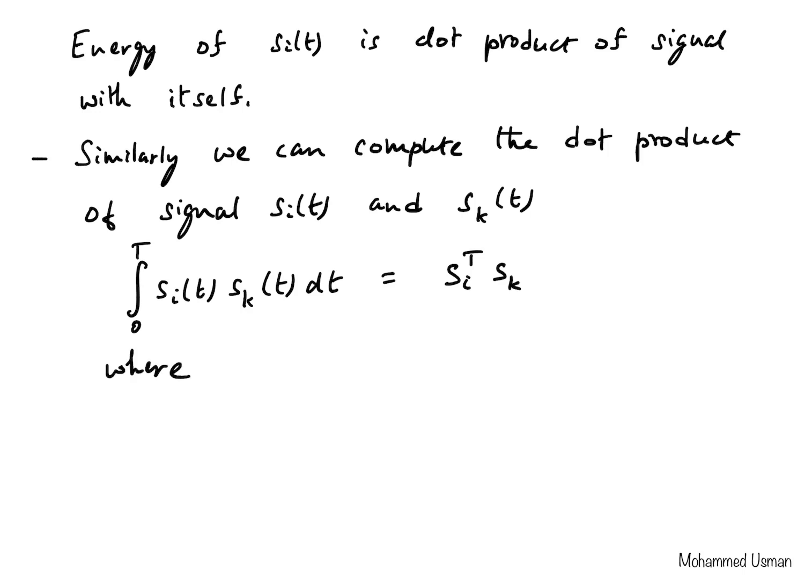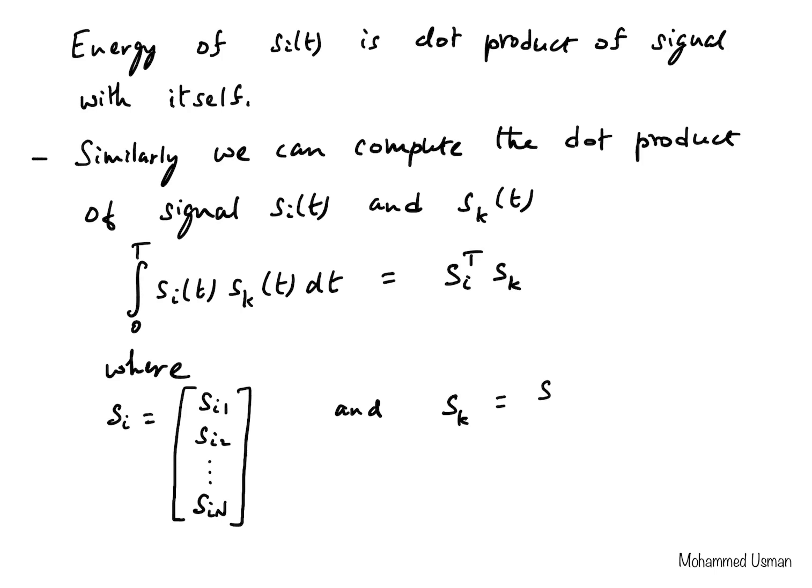Here Si is the vector of the signal Si, so that's Si1, Si2 up to Sin, an n-dimensional vector, and Sk is also an n-dimensional vector representing the signal Sk, that is Sk1, Sk2 and so on up to Skn.